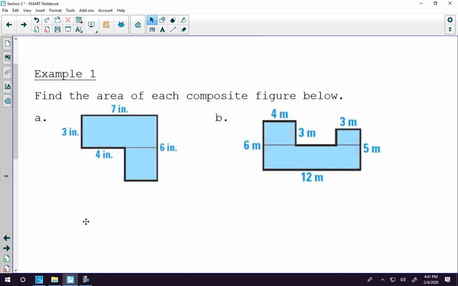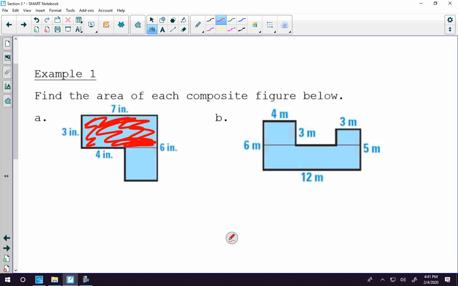Okay, so example 1, find the area of each composite figure below. There's a number of ways you can do it, but first and foremost, I know the base length of this rectangle. The base length of this rectangle is 7 inches in length. I'm highlighting that in green. The altitude of that rectangle is 3 inches.